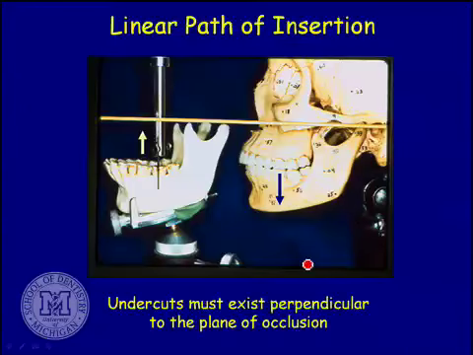Why do we always have you people orient your partially edentulous cast on the surveyor table so that it's level front to back and level side to side? We talk about this over and over.